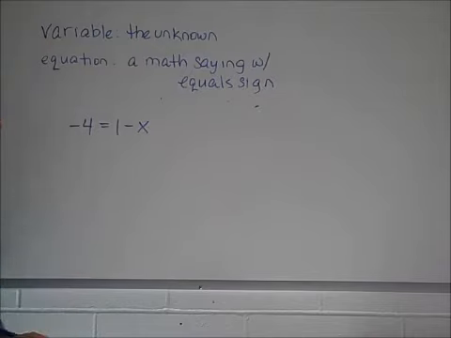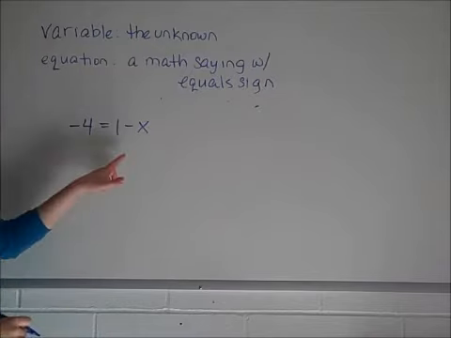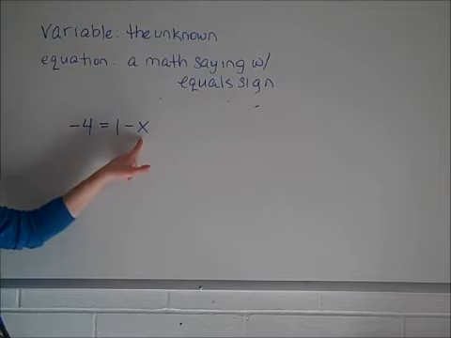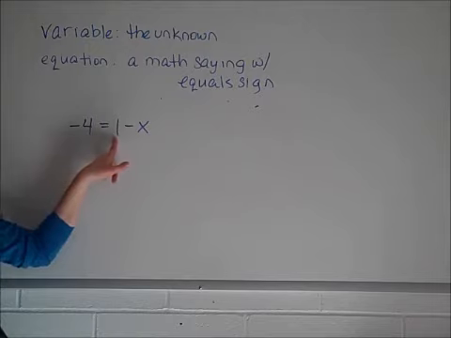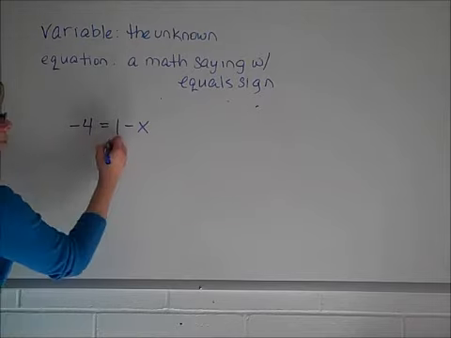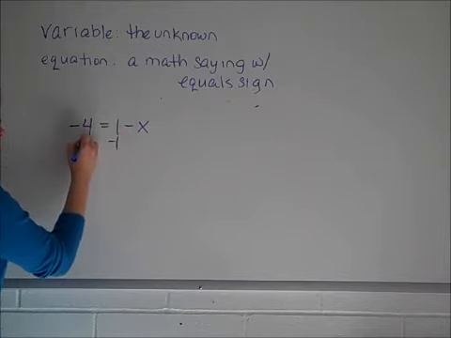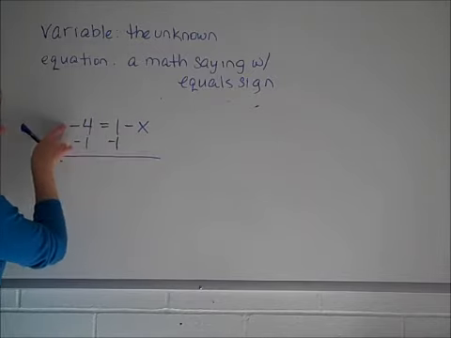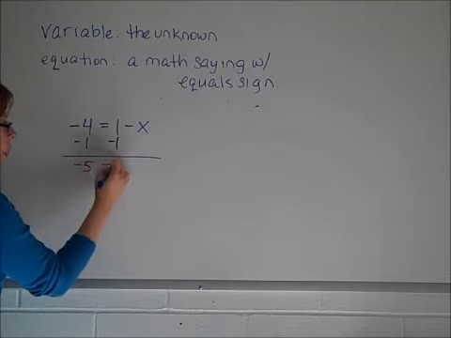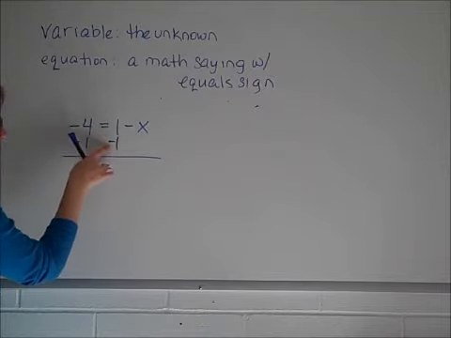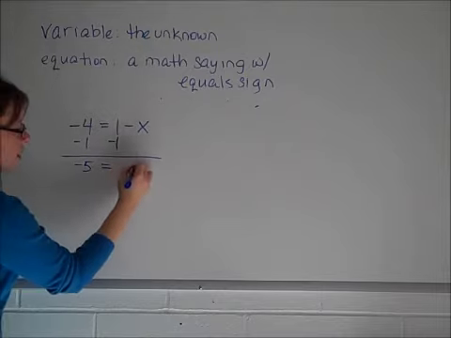Negative 4 equals 1 minus x. So first we want to locate the side that has our variable. It's over here. And we look at the 1. This is a positive 1. So in order to make 0 here, I have to subtract 1 from both sides. Negative 4 take away 1 is negative 5. Notice the 1 minus 1 cancels, and negative x drops down.